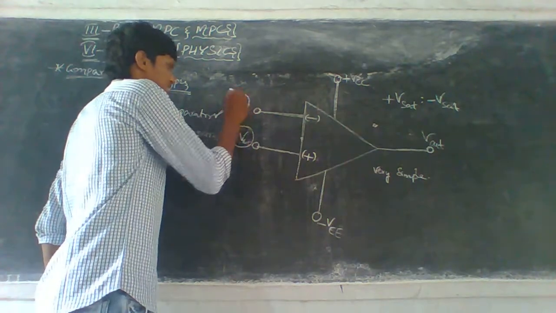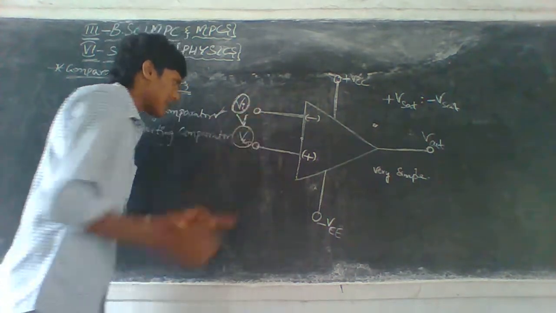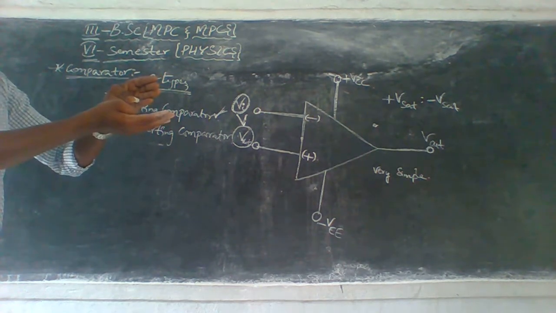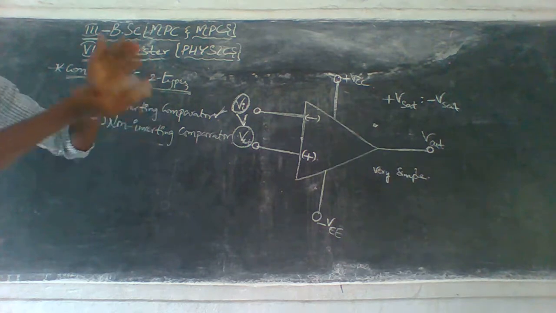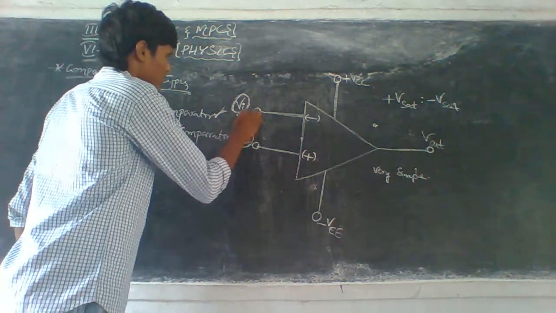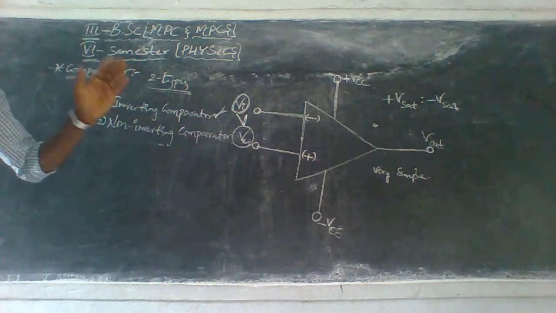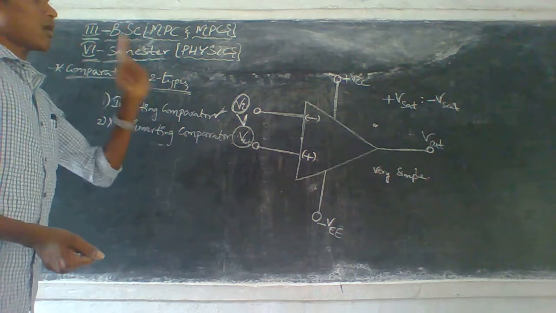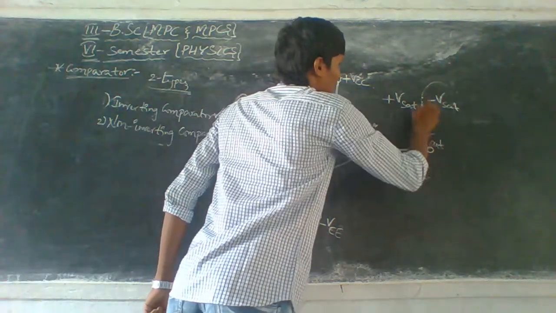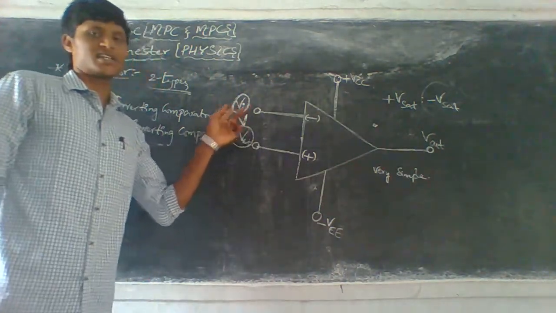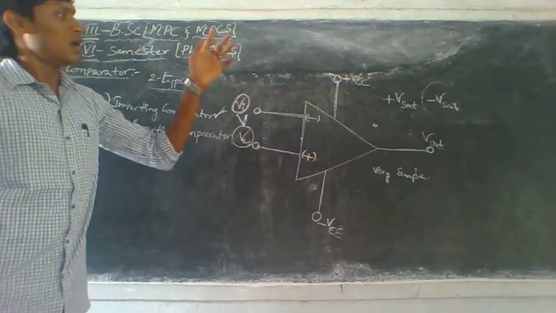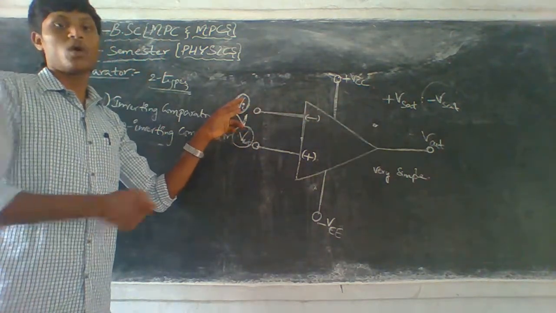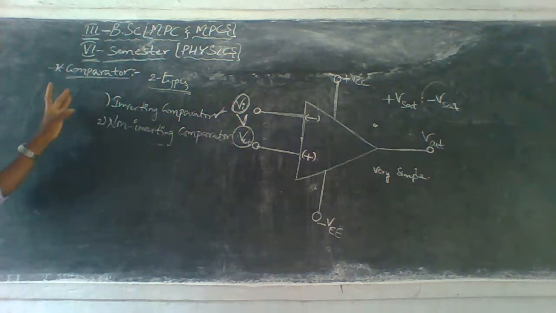The output value will be plus Vsat when the input voltage is less than the reference voltage. So the inverting comparator has minus Vsat when the input voltage is greater than the reference voltage, and plus Vsat when the input voltage is less than the reference voltage.